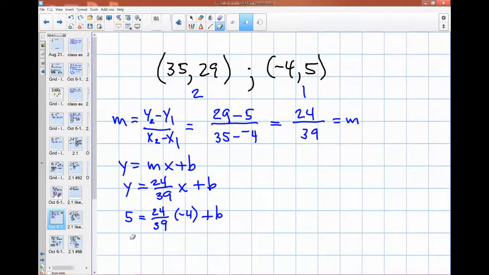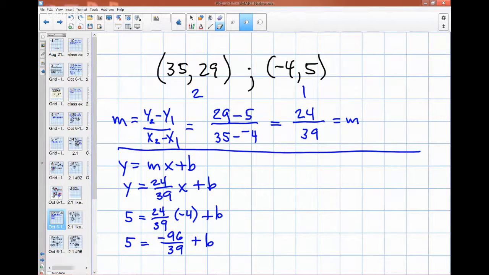Okay, so what do we get? 24 times 4 is what? 96. That's a negative 96. I've got to continue over here on the right. So we're going to add 96/39ths to both sides so that we can solve for b.